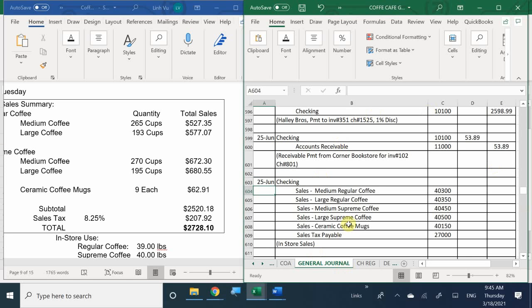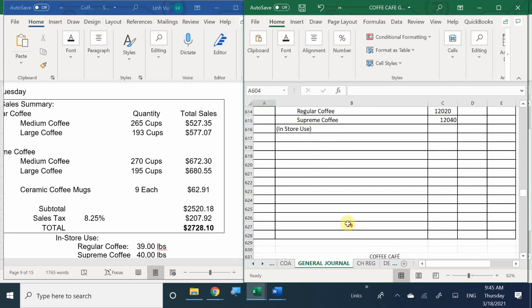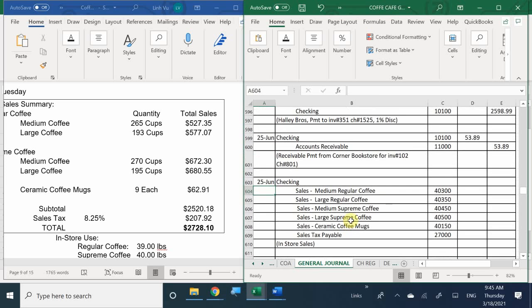Daily sales, okay? So we have all of our accounts there. So what comes first? Checking. Okay, I'm going to use the sum of totals.